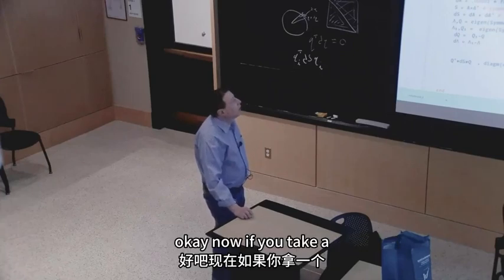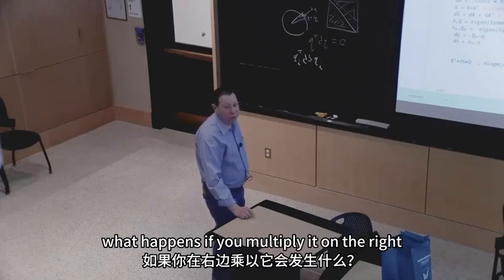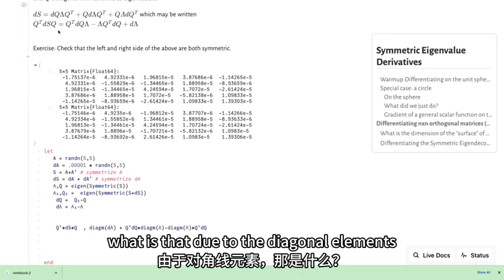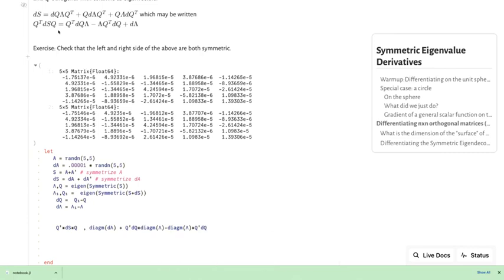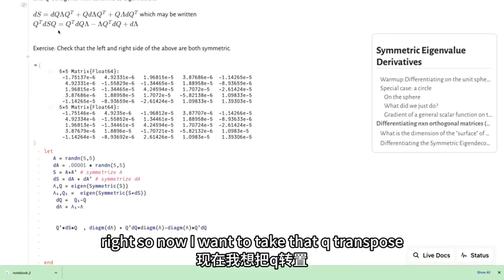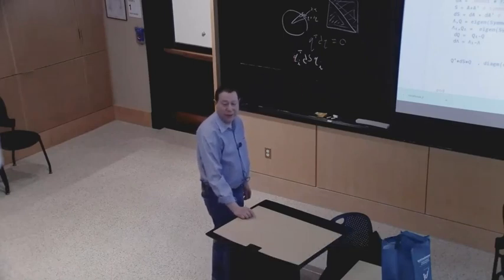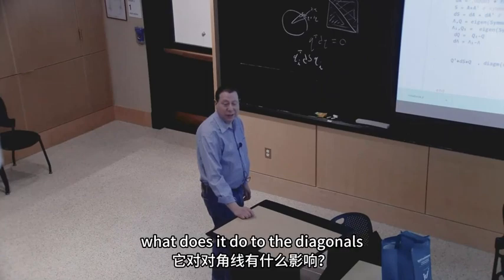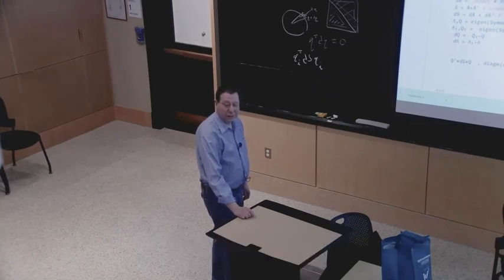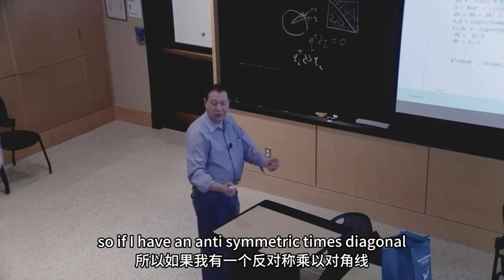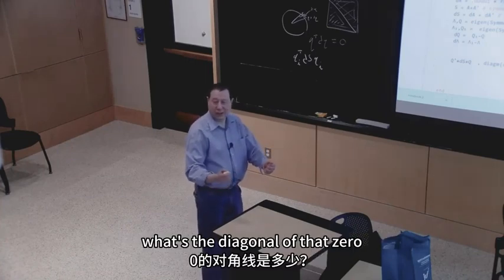Okay, now what happens if you multiply it on the right by a diagonal matrix? What does that do to the diagonal elements? So now I want to take that Q transpose dQ and multiply by that capital lambda, which is diagonal. What does it do to the diagonals? If I have an antisymmetric times diagonal, what's the diagonal of that?